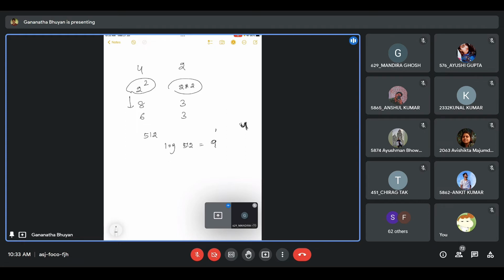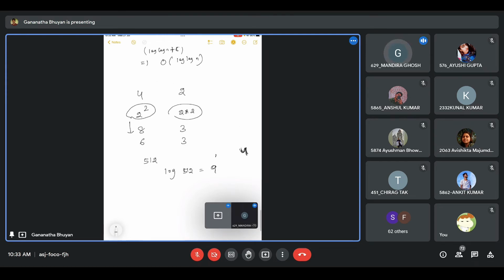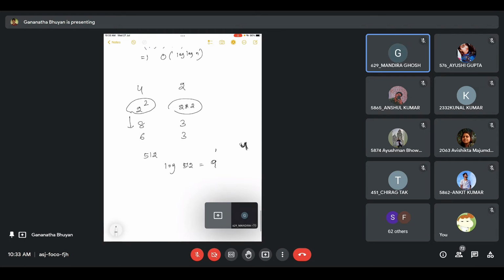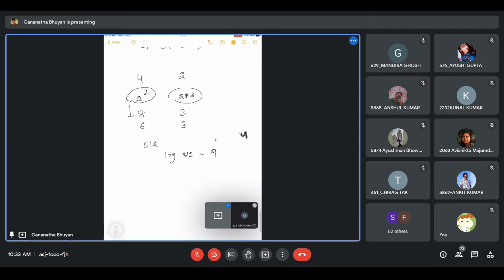That seems right, but it is actually not right. So shall we go for another level? Yes, we may need to. Look, the problem with 9 coming is that when it comes 9, it is very difficult to establish a relation between 9 and 4.